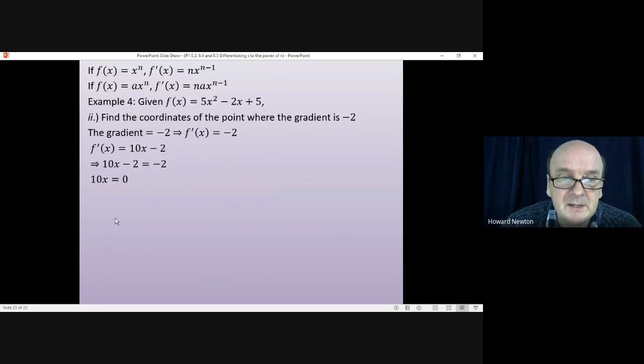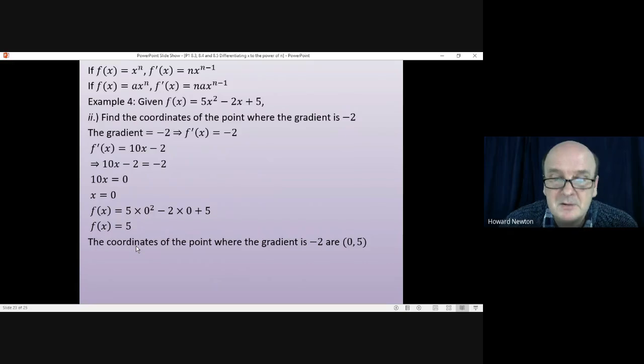Solving that gives us 10x is equal to 0, which means it's at the point x equals 0 that the gradient is minus 2. Those aren't the coordinates of the point. That would just be the x value. To find the coordinates, we'd need to substitute x equals 0 back into here, and we get 0 minus 0 plus 5. And that will give us the coordinate (0, 5).